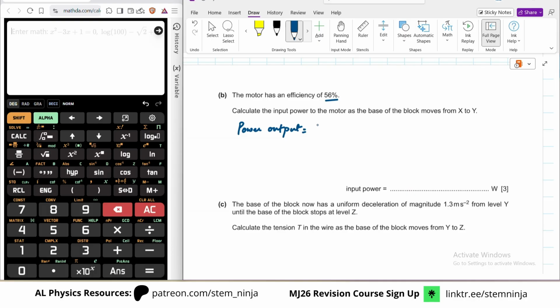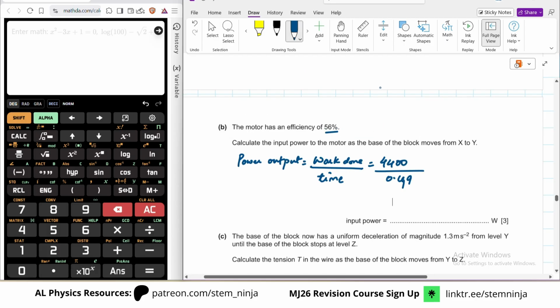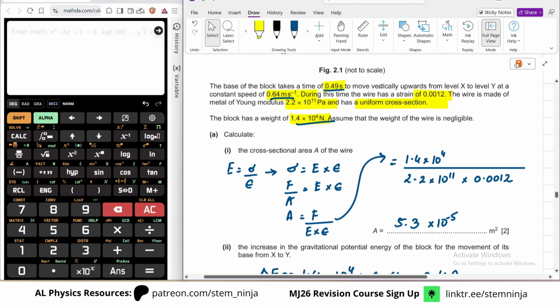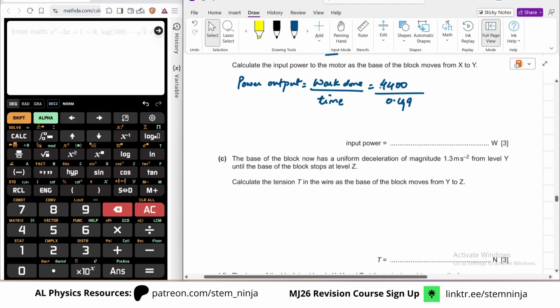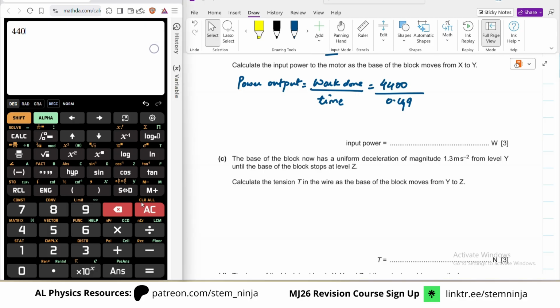So power output is the work done over time. Work done, we just calculated it to be 4400 divided by time. This was 0.49. 49 or 64? 49. Okay. So 4400 divided by 0.49.